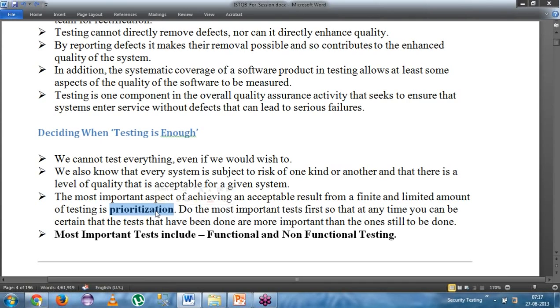Prioritization is one of the key factors: what you need to test first. The most complex things first, followed by high complexity, then medium, and then low complexity test cases, which are not going to impact your system drastically. Important tests include both functional and non-functional, but we need to prioritize or strategize our testing. Okay, fine. So team, any questions so far?